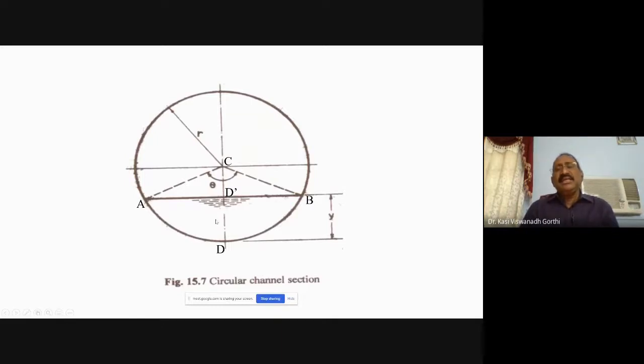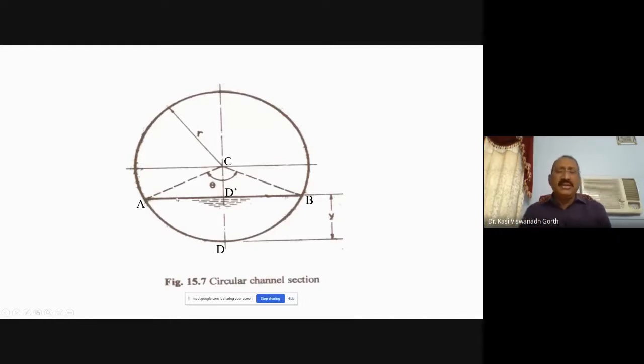Similarly, the wetted perimeter would be the length of the channel boundary in contact with the flow. So starting from point A, ADB is the length of the arc of the circle which is in contact with the flow with an included angle of theta. So the length of the arc ADB gives you the wetted perimeter, and the area enclosed by ADBA is the wetted area.